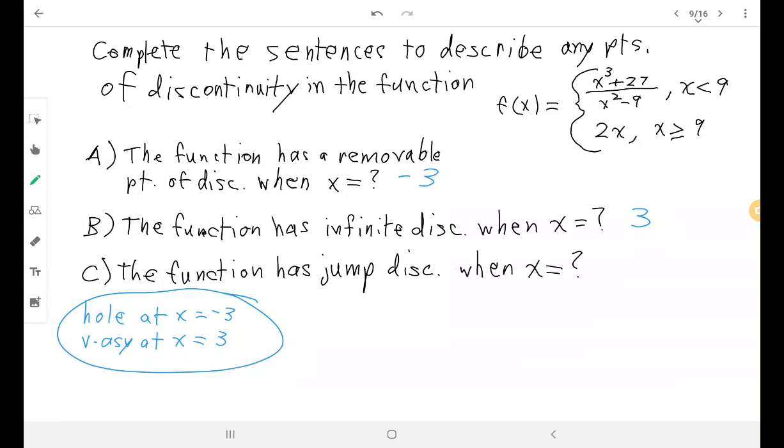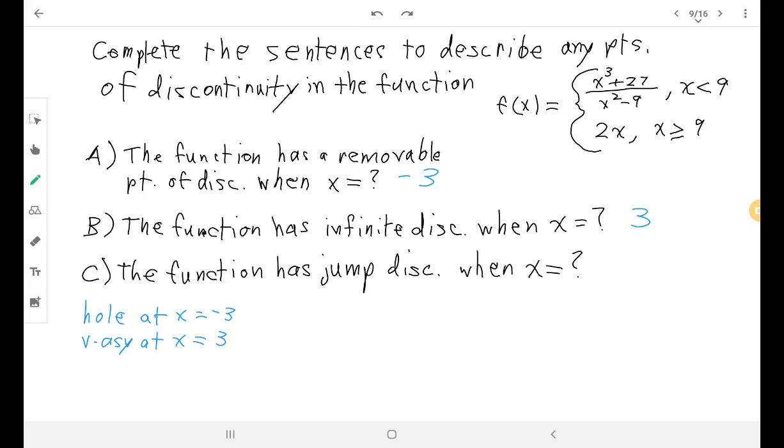If I wanted to sketch it, I have to know where the hole is, and if I were to graph it in Desmos, I would be able to kind of see that vertical asymptote, but I would not be able to see that hole, right?